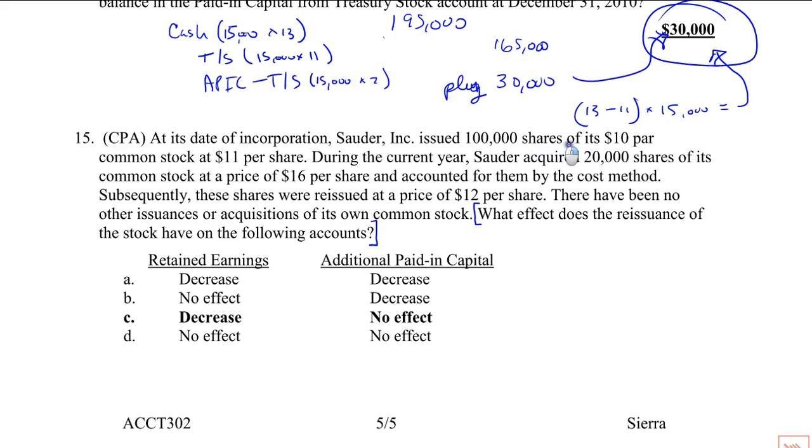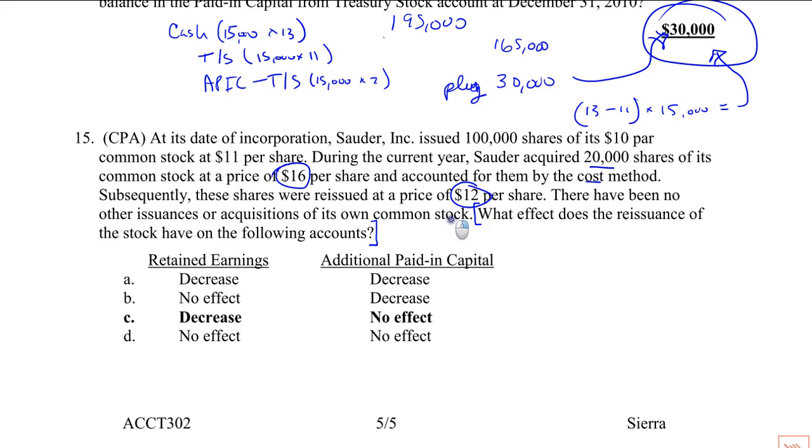They issued 100,000 shares. So once again, by giving you the issuance, they're telling you the beginning balance of additional paid in capital treasury stock is zero. They acquired 20,000 at 16. They're using the cost method, so it's not the par value method, it's a cost method. So that's the one we're used to with the treasury stock account. They were reissued at 12, so that's bad.